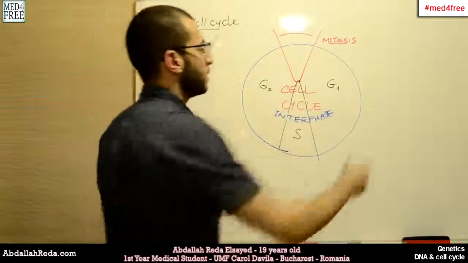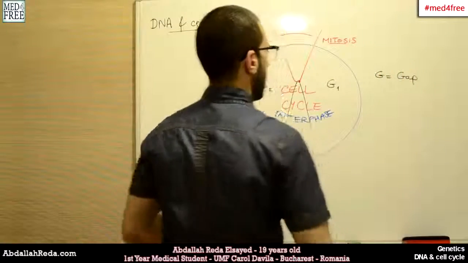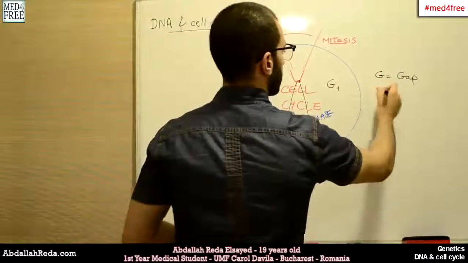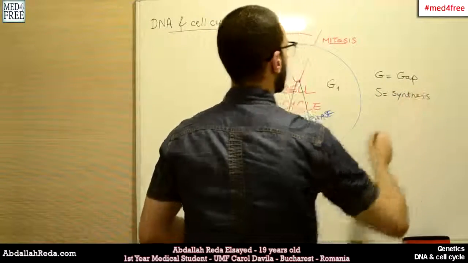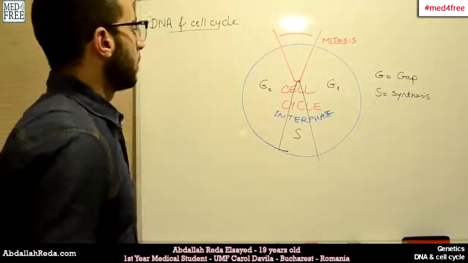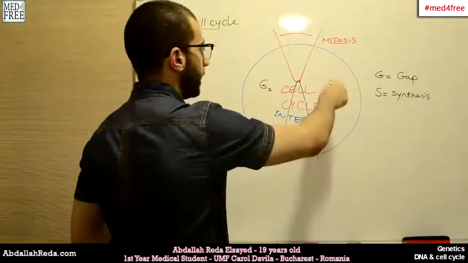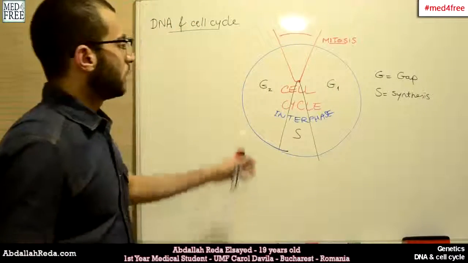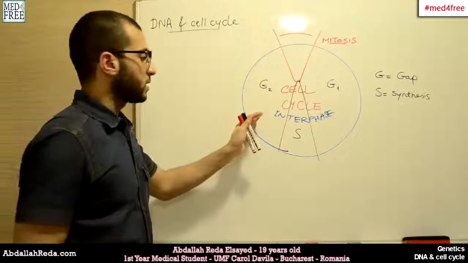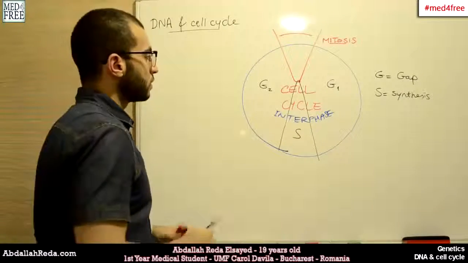The G stands for gap and the S stands for synthesis. And this totally makes sense. From the names, we can conclude that in the gap portions of the cell cycle, no activity actually related to the DNA happens. And this is really what happens.